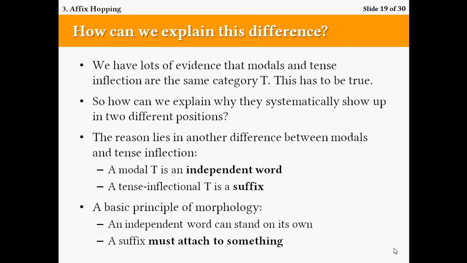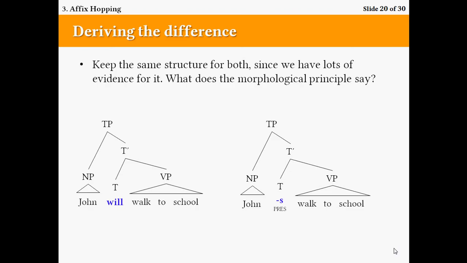A suffix must be bound. It can't stand alone as a word. So our two forms of T are different. Our modal T is a freestanding word, and our inflectional tense suffix is an affix. It can't stand alone.